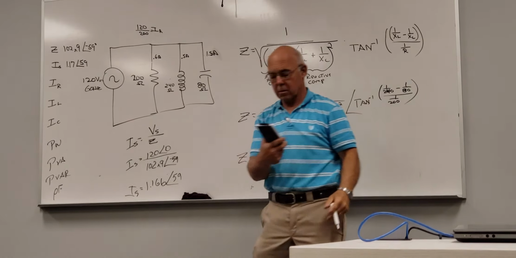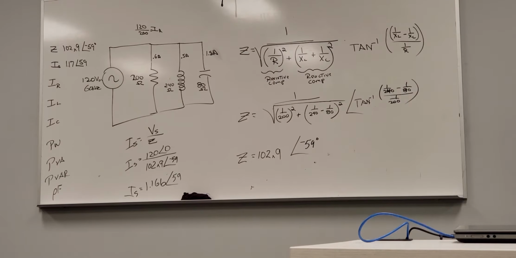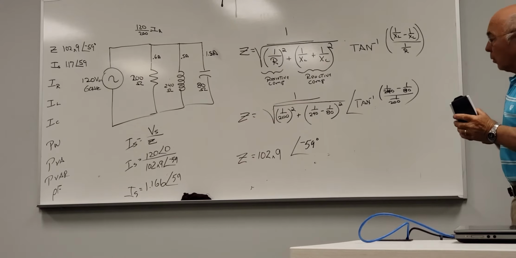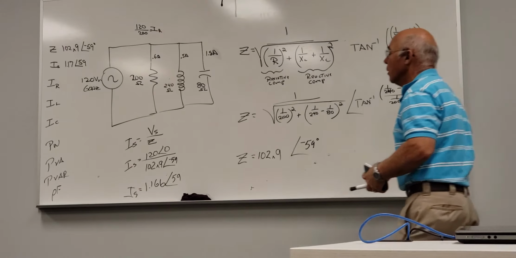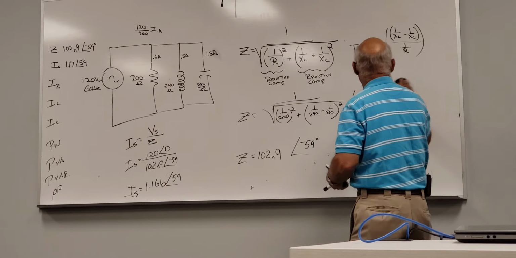The three currents add up to be the source current. Alright, so just to check, let's see if that's true. Well, we can add the currents, but we have to add them vectorially.